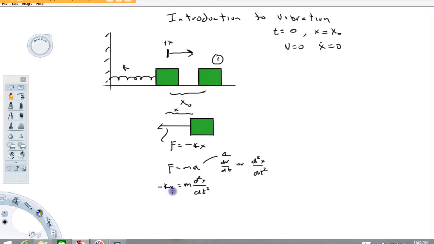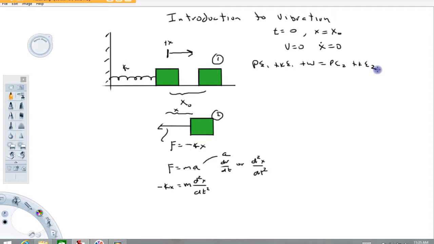The other is by principles of work and energy. If we call this position 1 and this position 2, and again, for position 2 you have to imagine that this object is somewhere in between here, and I write out the work energy theorem, PE1 plus KE1 plus work equals PE2 plus KE2.